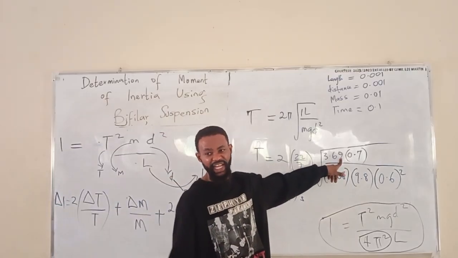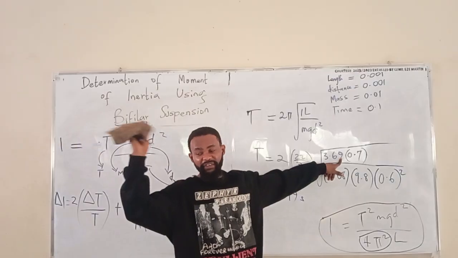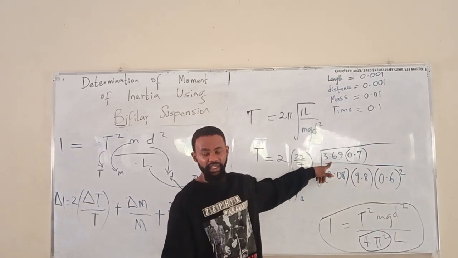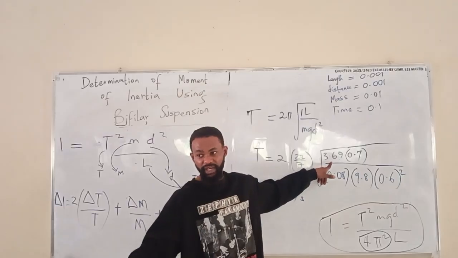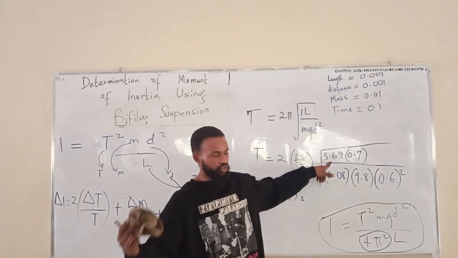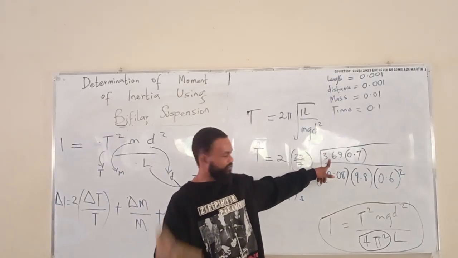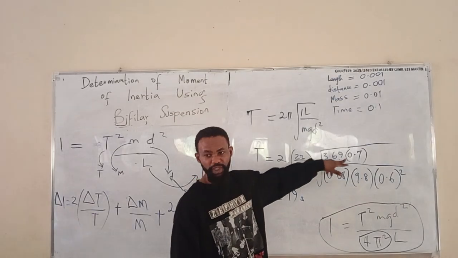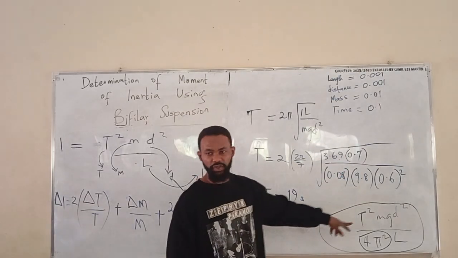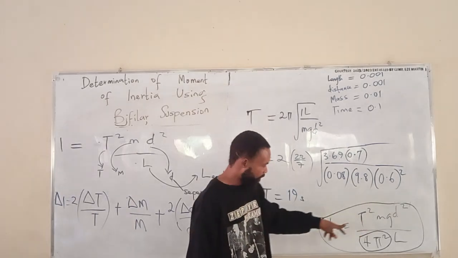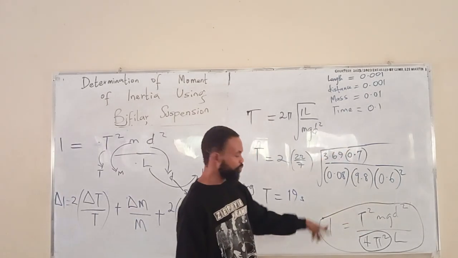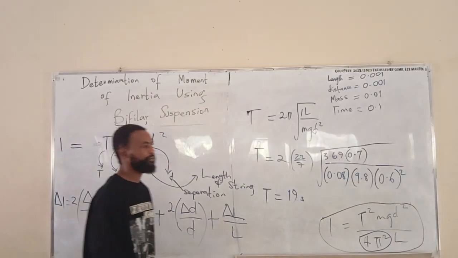And you know why we assumed? We looked it up, and for most cases, moment of inertia is 3.69. They have the part where they gave 1.089. They have different cases. So case 3, I chose this one because it reflected what is in my textbook. So we are saying, in a situation where we don't assume this moment of inertia, we use the time we got, which is that 6, and make it the subject of the formula. We solve with this. Let's see what it will give us as our own moment of inertia.